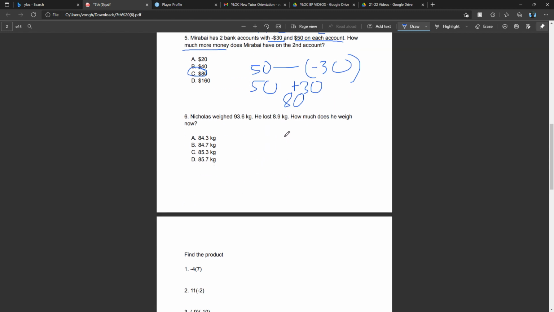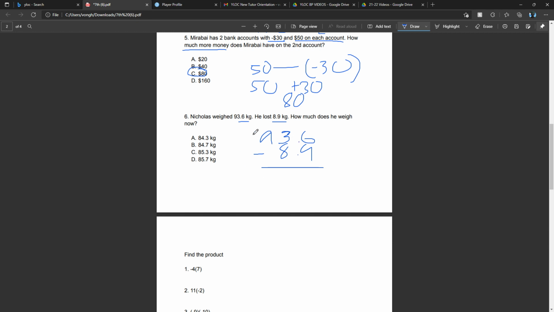Nicholas weighs 93.6 kilograms and he lost 8.9. How much does he weigh now? Now this is really simple. It's just a subtraction problem, just like this. He basically starts off at 93.6 kilograms, and he just loses 8.9.